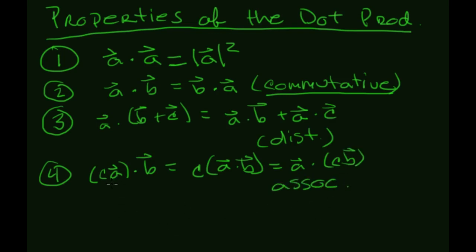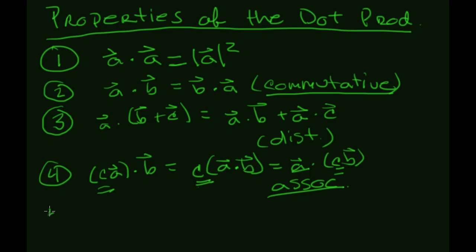It doesn't matter which vector you apply the C to. Sorry, C, C, C. You can either apply it to A, you can apply it to B, or you can apply it to the dot product. You're still going to get the same value. Now note, you don't get to apply it to both, because then you're going to get a C squared, and that's going to be a problem.